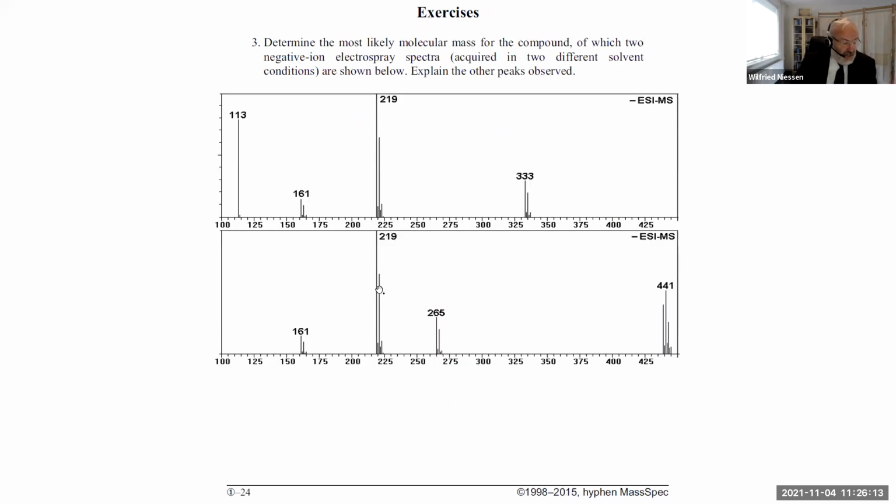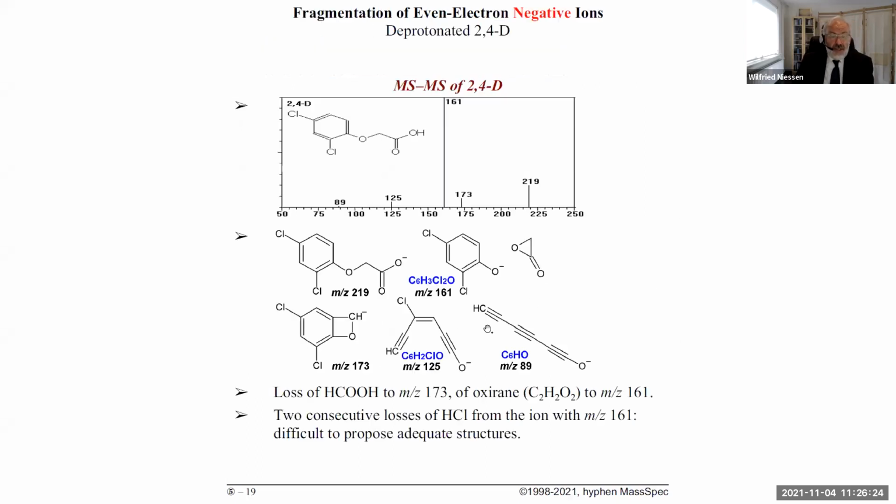It's nice and interesting that I can go back to all kinds of exercises which we did in the past, because we also looked at this particular compound at a certain stage, and this is the 2,4-D. We already explained the 161 being the cleavage of the aromatic aliphatic ether bond to produce the 161, which is the dichlorophenoxy anion.